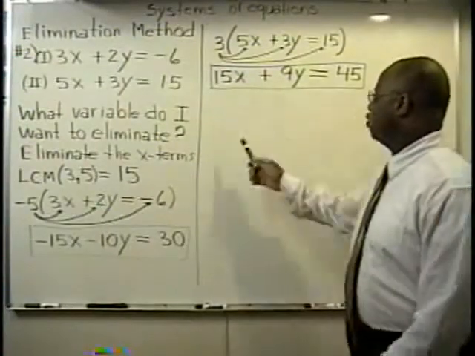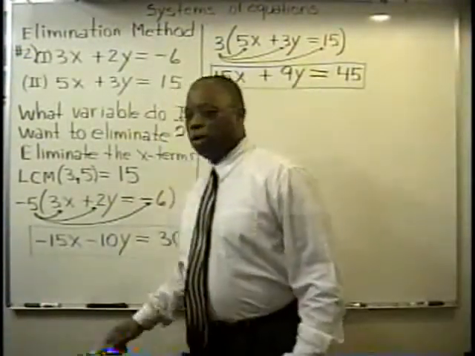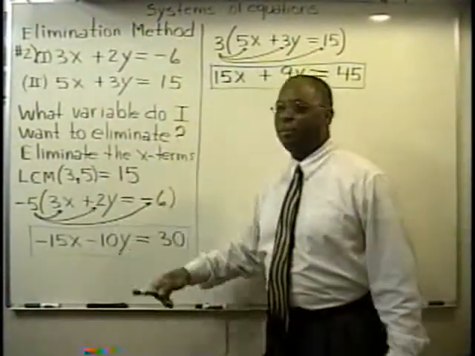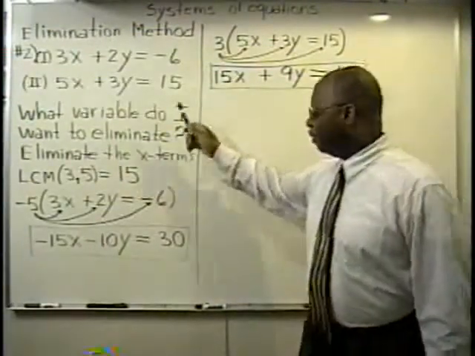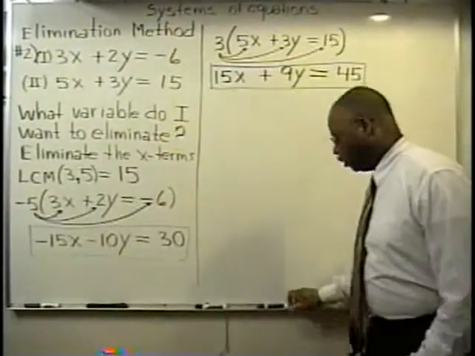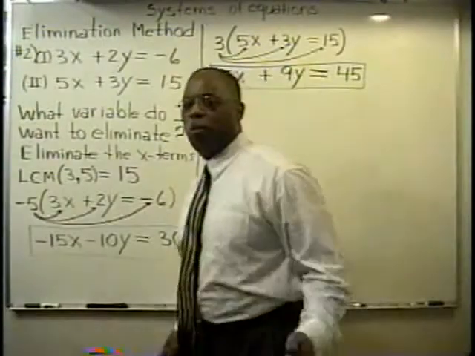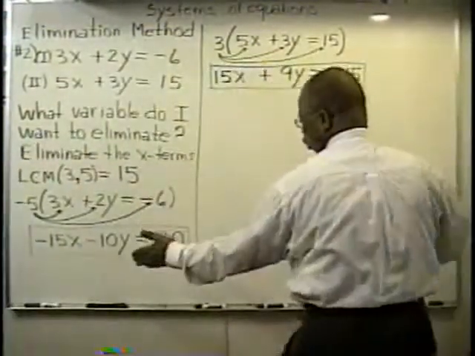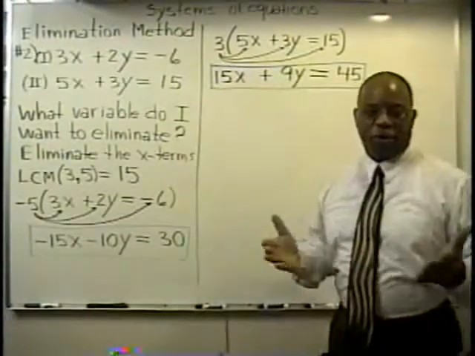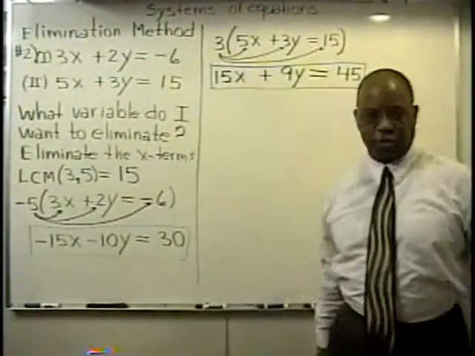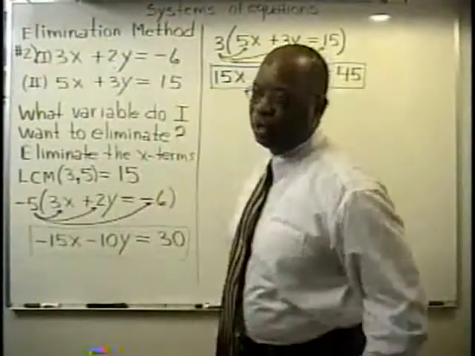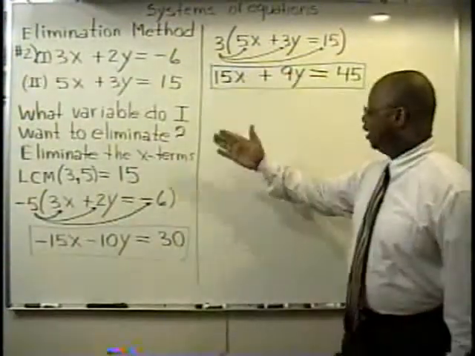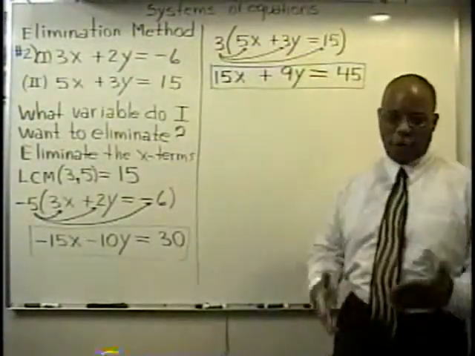Now that I have those two where the first two terms have the same common multiple but are opposite in sign, based on what we did during the last problem, what am I going to do with these two now? I did all this work, so what do I do now with these equations? Do you remember what I did with problem number 1? Why did I do all this work? What was the purpose?